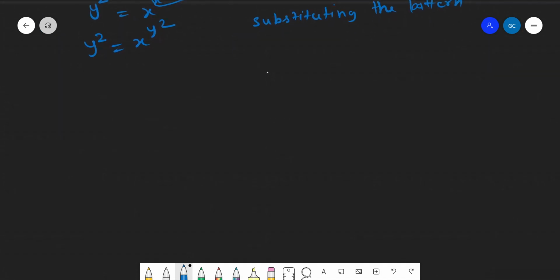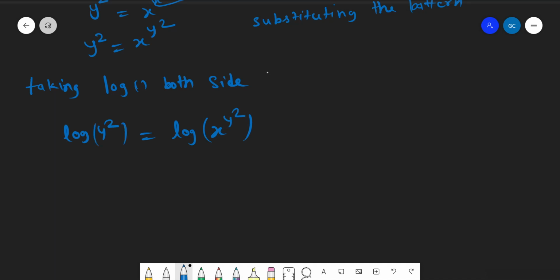Now you don't have to do anything else. As I mentioned earlier, you can take the logarithm on both sides and then take the derivative. Taking log on both sides, log of y square is equal to log of x to the power y square.